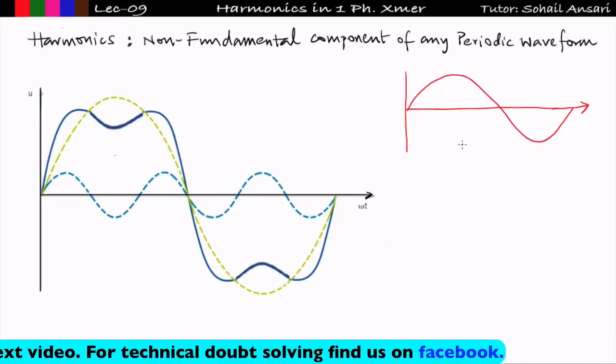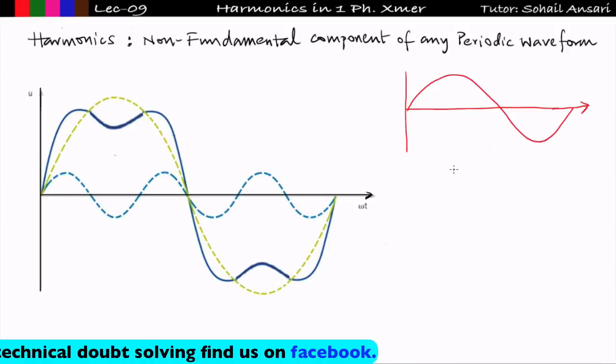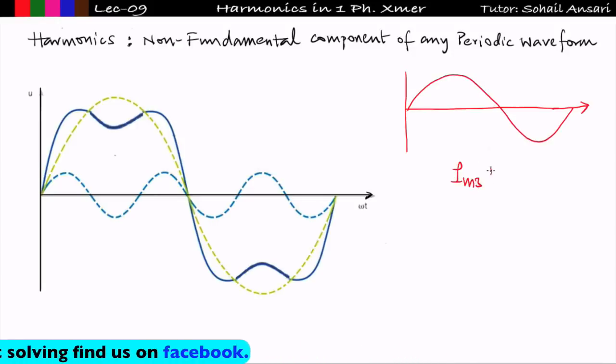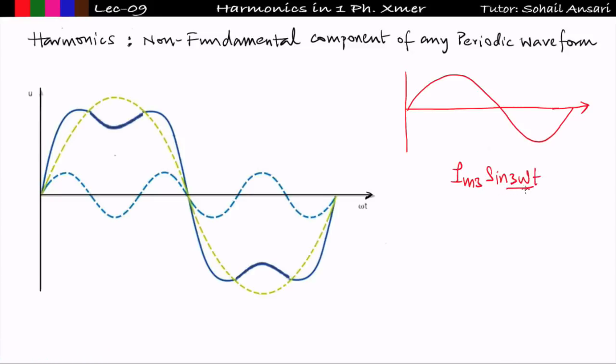Now you should know how to draw the waveform of Im3 sine 3 omega t, which has 3 times the frequency of the fundamental frequency. So if the fundamental cycle is something like this, the waveform of Im sine omega t, then Im sine 3 omega t will look like this. So you should know how these are coming.